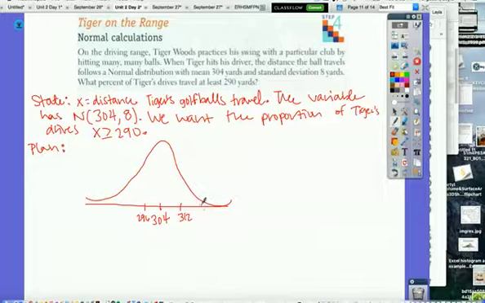Two standard deviations away from the mean would be 320. Three standard deviations away would be 328.